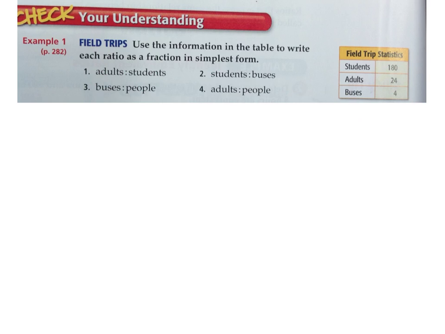Like I just mentioned, there are three ways to write ratios. We're going to write them as a fraction here. So as a fraction, I see there are 24 adults, so that's going to be my numerator in the ratio. So it's 24 to the number of students, which I see is 180.